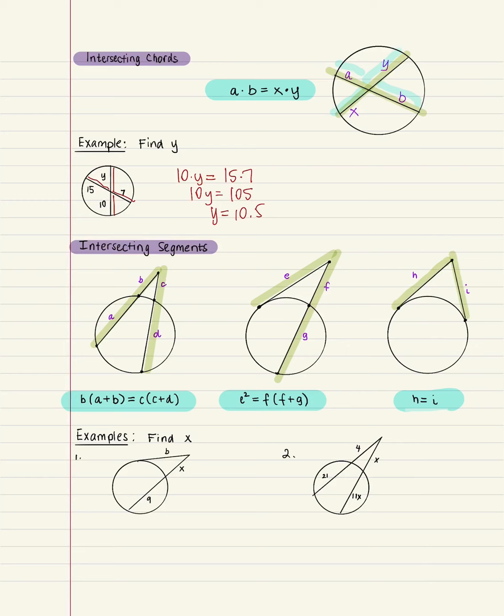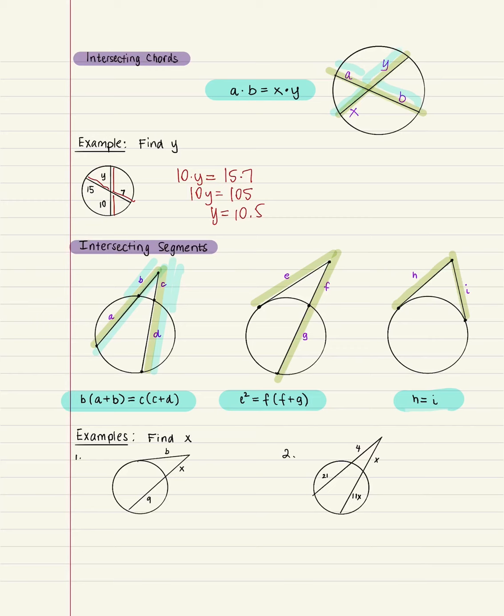Okay, so the relationship is slightly different for when the segments meet outside of the circle, because we are going to take the length of the entire segment. So here is AB times the length of the part that is outside of the circle, so B, and that has to equal the product of the length of the other segment, which is C plus D, times the length of the part that is outside the circle, which is C.